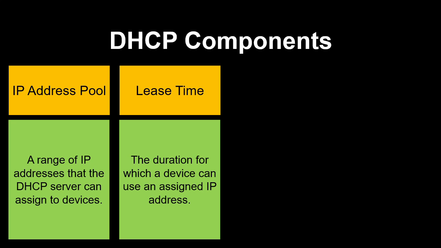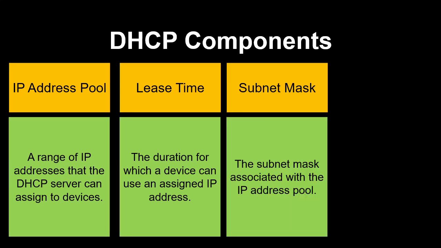So when an IP address is assigned to a device, the device has a length of time that IP can be used. The third component is the subnet mask. The subnet mask associated with the IP address pool is one of the essential components of DHCP configuration.